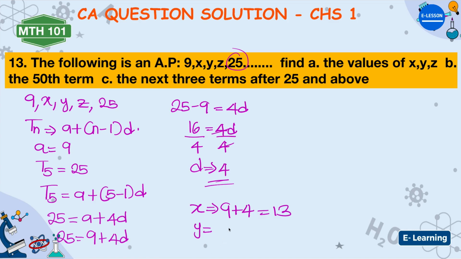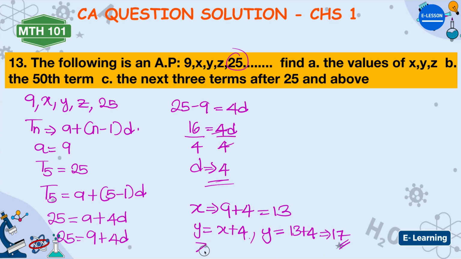Are you getting it? Y will be equals to X plus 4. And our X is 13, which will now give us Y as equals to 13 plus 4. 13 plus 4 gave us 17. So our Y is 17.